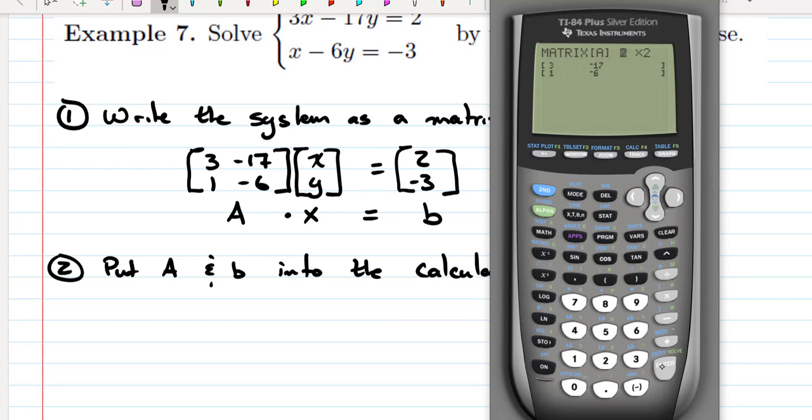Matrix A is 3, -17, 1, and -6. You'll notice we're recycling. If you typed the previous example in, matrix A is already in your calculator. And then we go second matrix, go over to edit, and we need to edit matrix B. Matrix B is a 2 by 1 matrix, and we have 2 and -3 in our calculator.